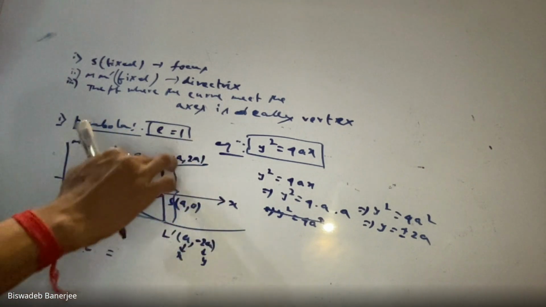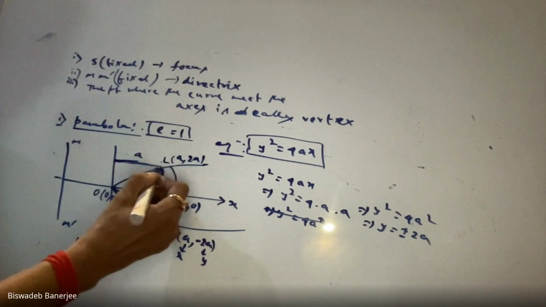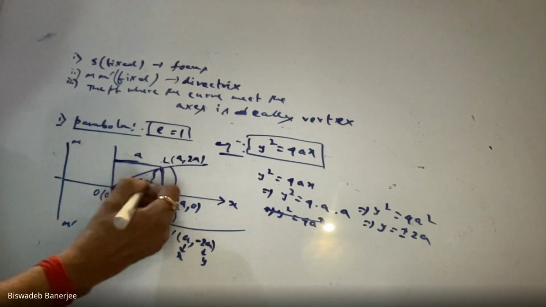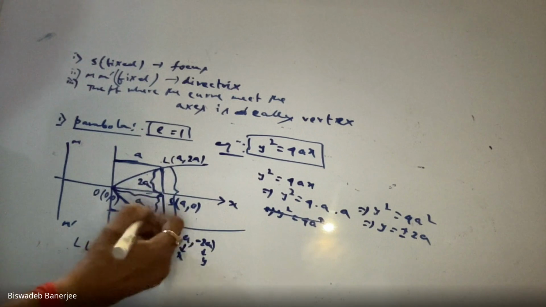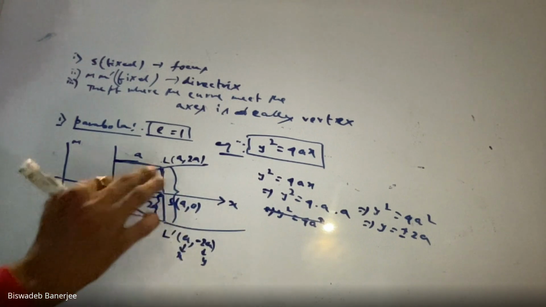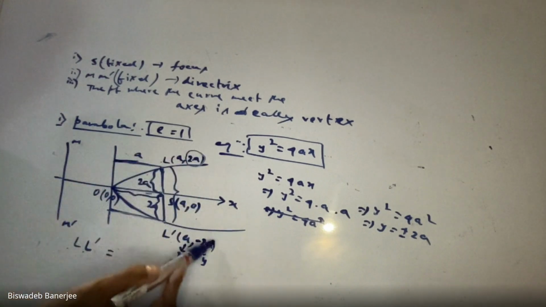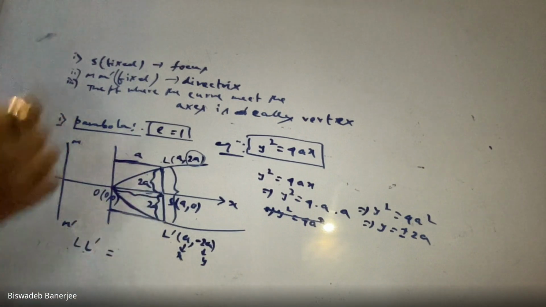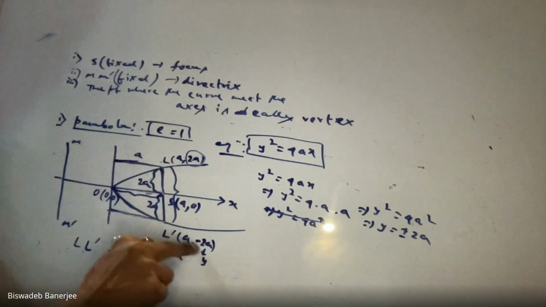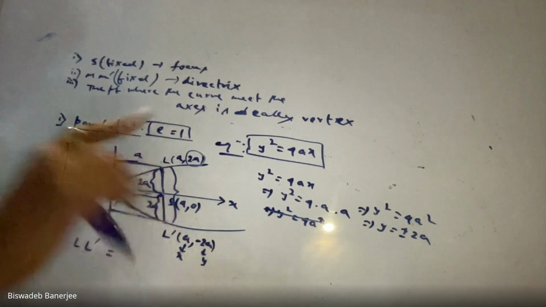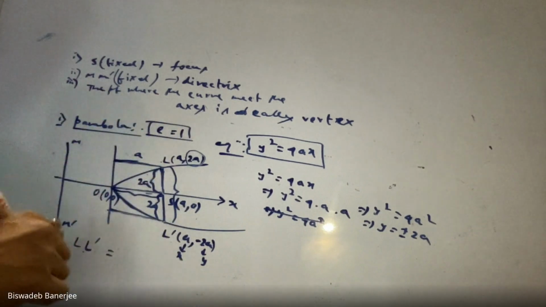If we break this distance into two parts, you can see that this distance is 2a and this distance is also 2a. Why? Because the value of y is 2a in the upper half and 2a in the lower half. The value of y is not minus 2a as a length. What is the meaning of minus? Minus denotes the negative half. That's it. But length cannot be negative.